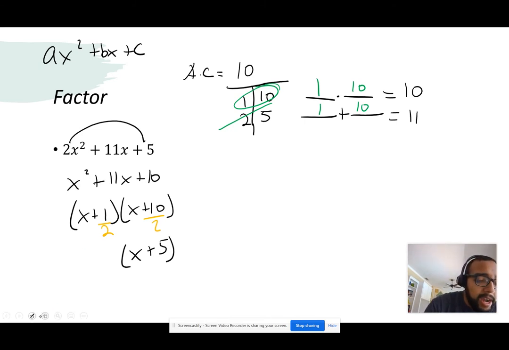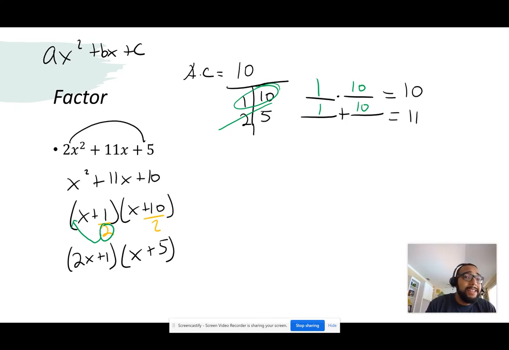Since I tried to reduce this 1 over 2, and I didn't get a nice whole number at the end, what I'm going to do is take that 2 and bring it out front. I will now rewrite it as 2x plus 1.